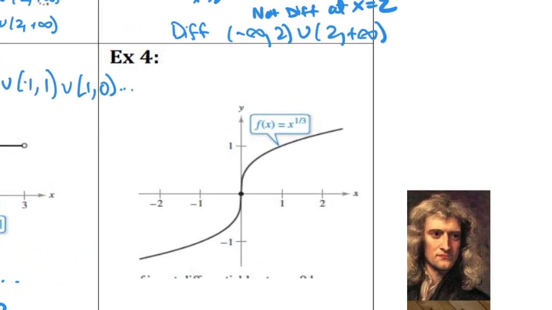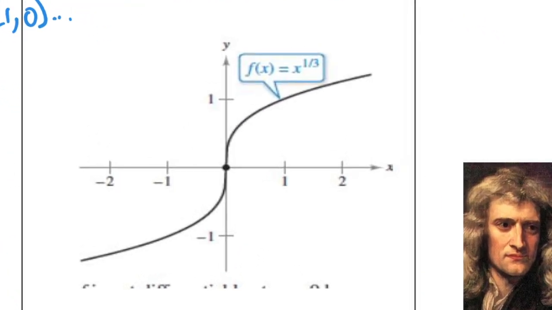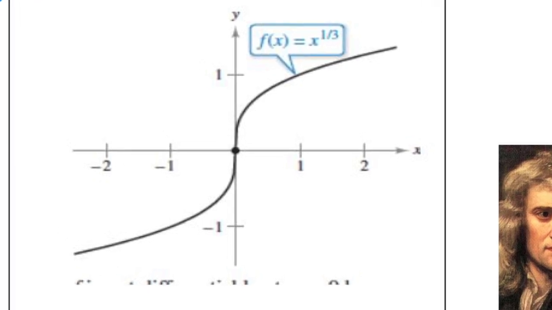All right, let's look at example 4. This one is a very interesting example. Now, what I'm hoping is that you do see that the function is continuous along -infinity to infinity. But something very interesting is happening as we approach 0.